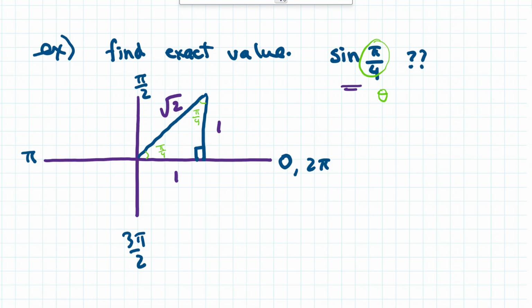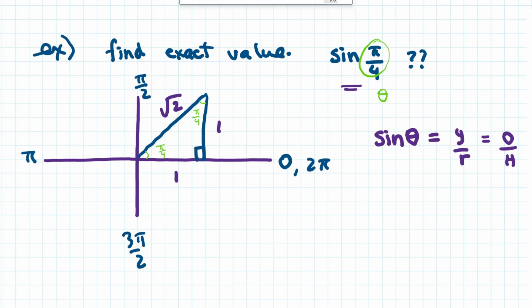This is where you have to remember the side length ratios of our trig ratios. I have a video that goes over this in detail, so definitely check out that one as well. For the sake of this video, I'll let you know: sine theta has a ratio of y over r, which you can also think of as opposite over hypotenuse. Y is our vertical and r is our radius.